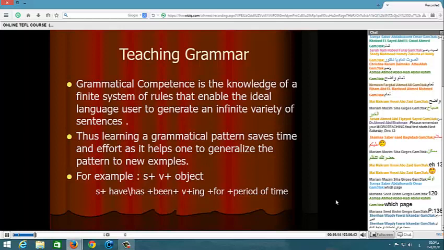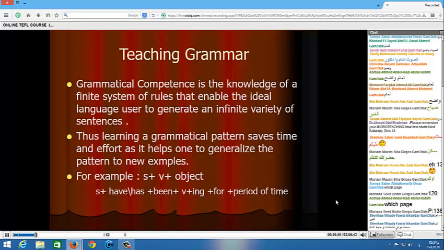An unlimited number. Although we have just one rule, we use this rule to generate as many as millions of sentences in English. The native speaker has this ability and we must have it as well. We understand the rule, but we must use it to generate an unlimited number of sentences, following that rule.